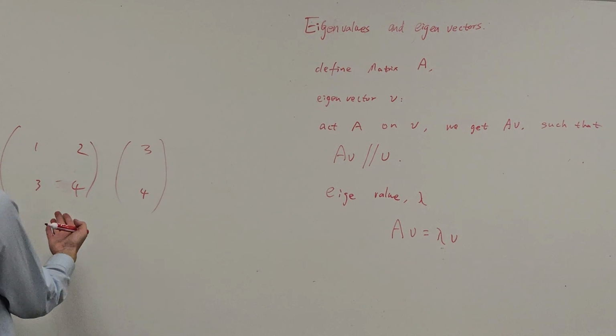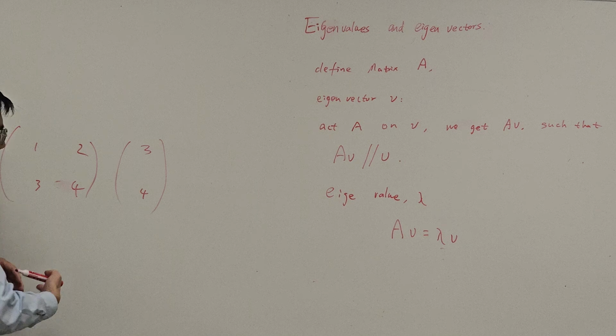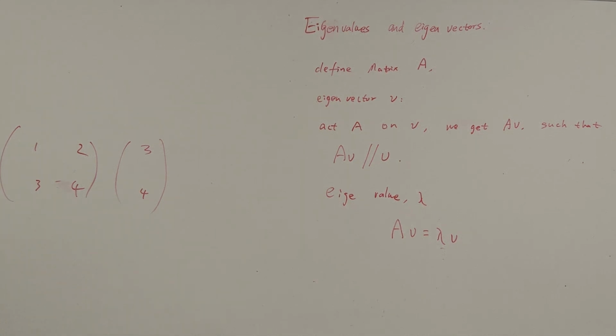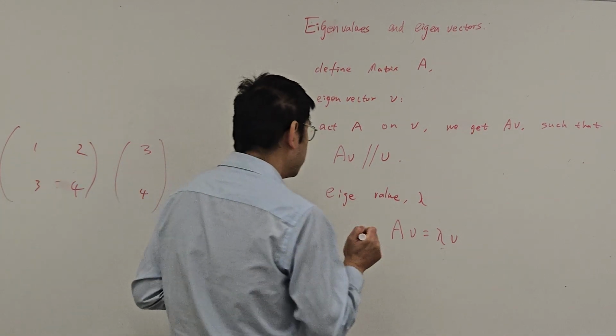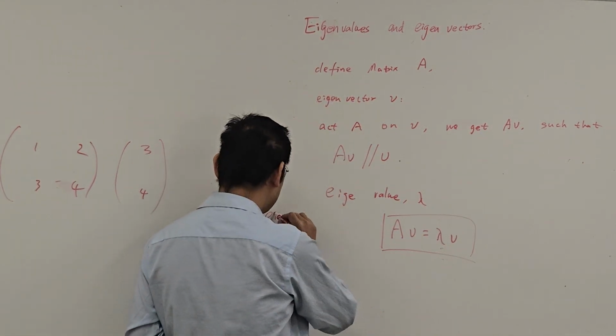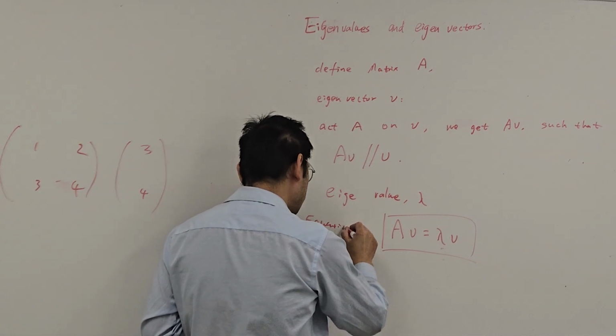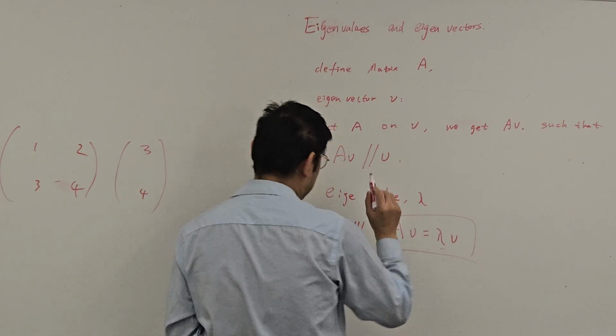So if you just randomly write down a vector for a matrix, it is likely not the eigenvector. So the problem is how to find the eigenvalue and eigenvectors. So we call this one the eigen equation.